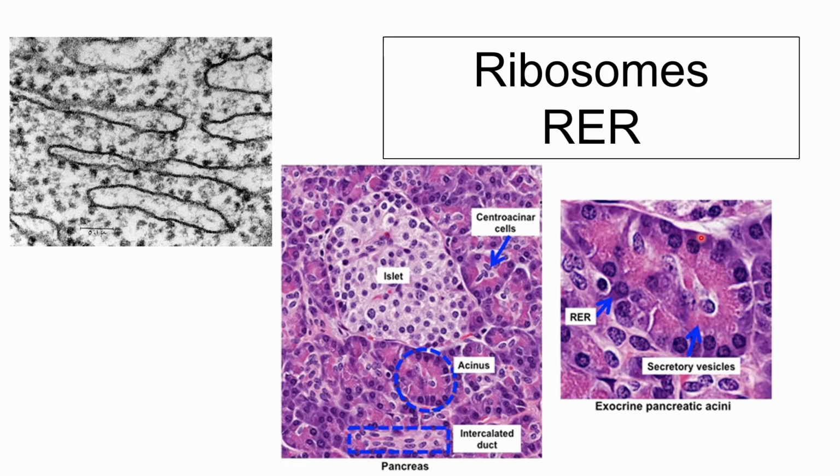But again, this is not the best way to specify that indeed it is RER. There are still better ways. You can use a specific protein to mark the RER and use fluorescence microscopy or immunohistochemistry if you want to be very certain about it.